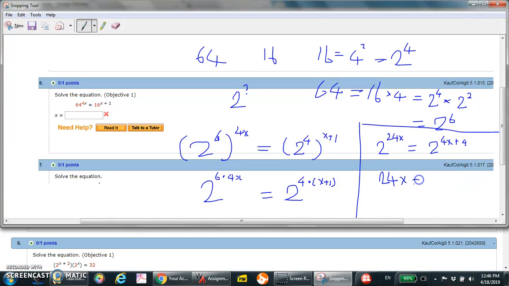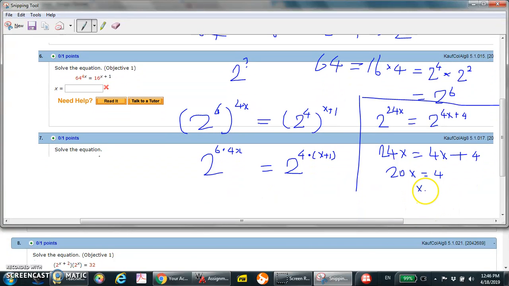By solving the equation 24x equals 4x plus 4, we have 20x equals 4, so x is going to be 4 over 20, which is 1 over 5.